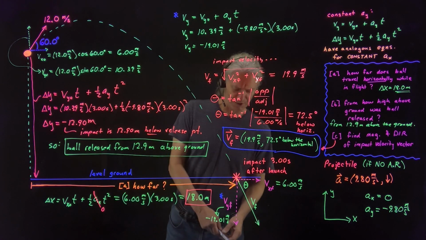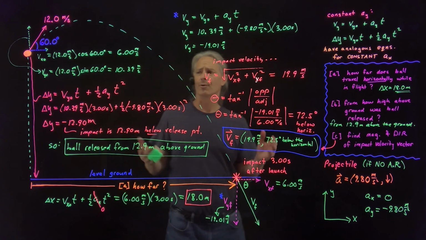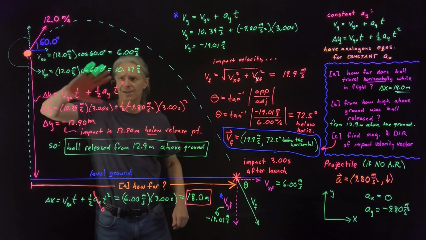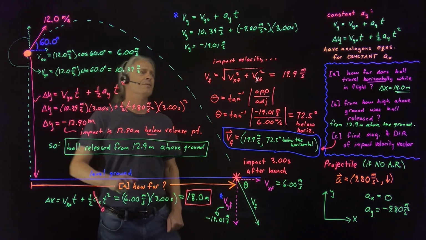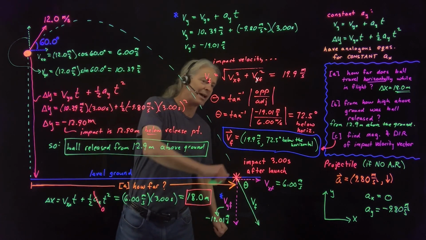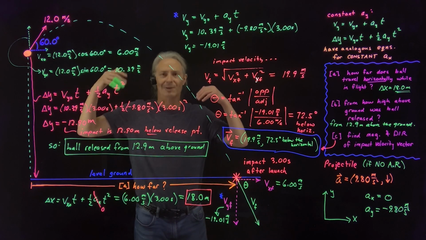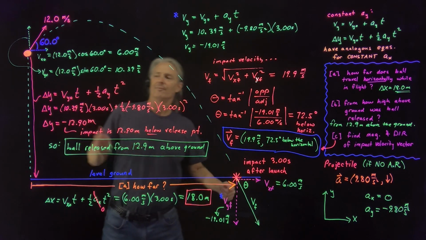All right, so we've solved it all. We could have done these in a different order, right? Once we got this information, then having the time from launch to impact means we could use any of these equations at any time.